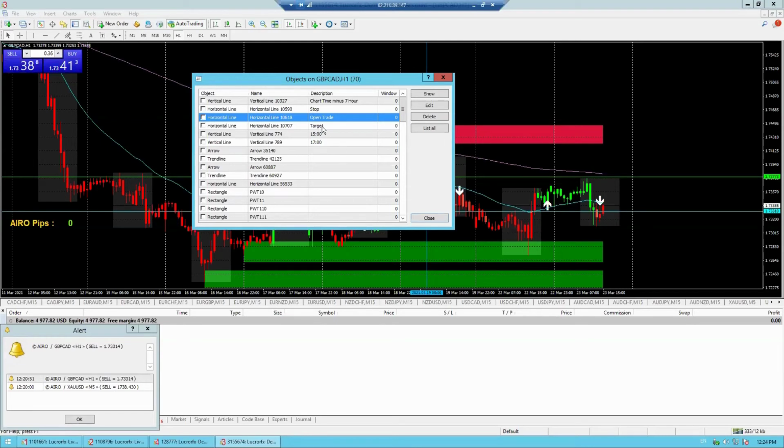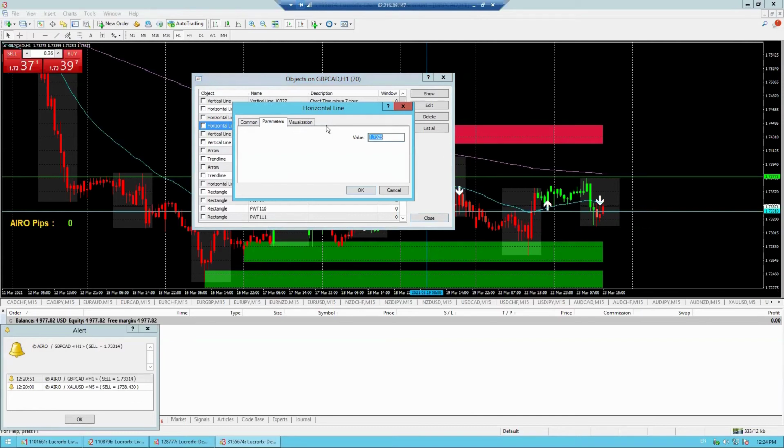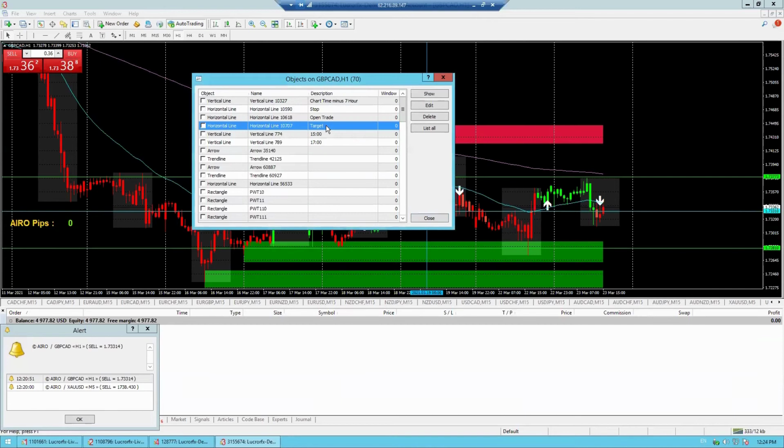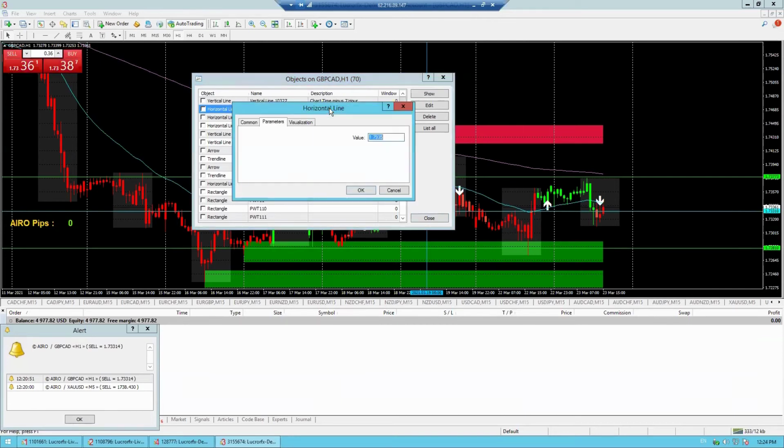And with the 1 hour chart, we're usually looking at a target of 50 pips, so that would be 172.81. That would be the target. And then the stop would be 100 pips, so 170.7431.